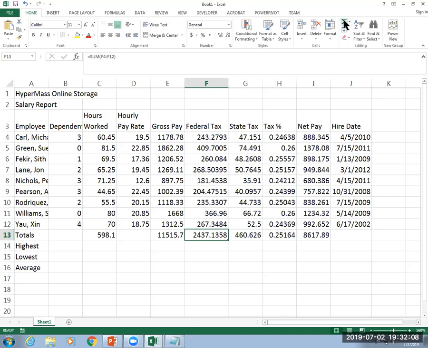So the book on page 81 tells us that they want us to copy the formula from H12 to H13. And I've never fully understood why they want us to do that. The tax percentage is based off the totals, not the sum, which is true, but copying it from H12 means we would be copying Jin Yao's and not the totals.